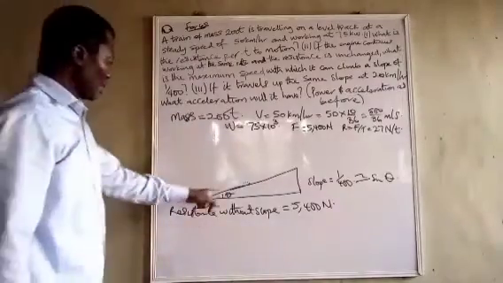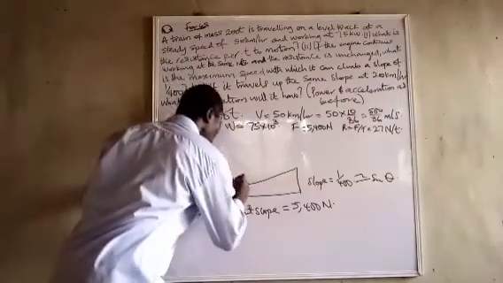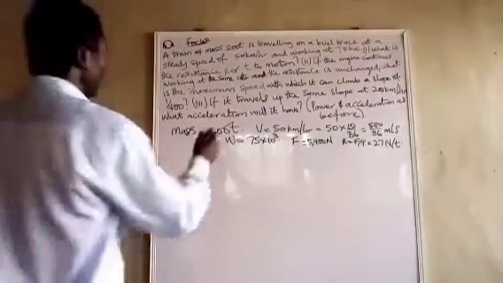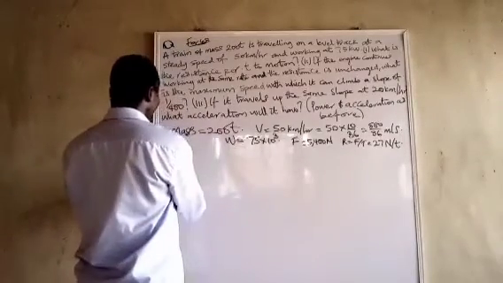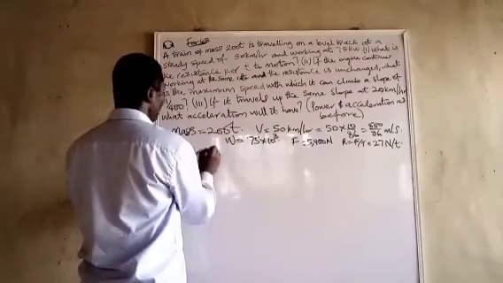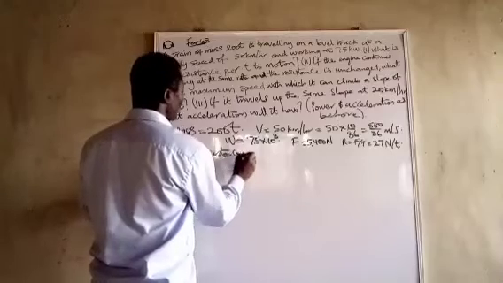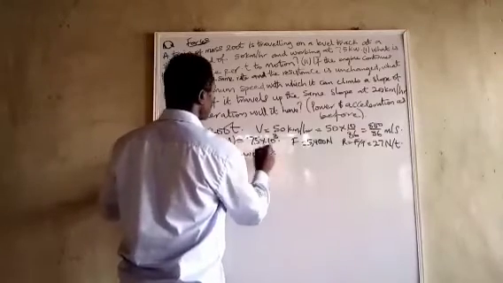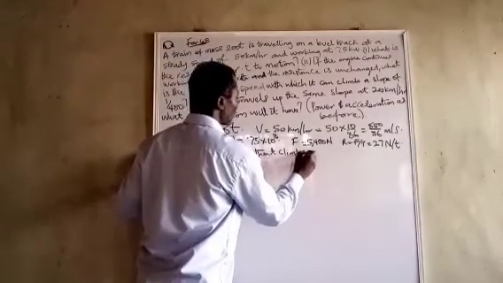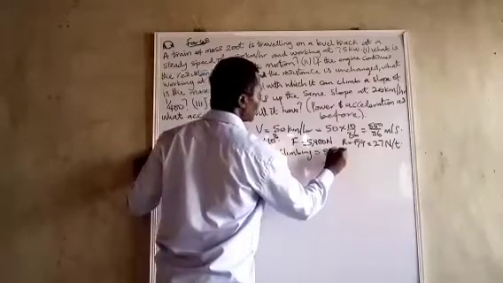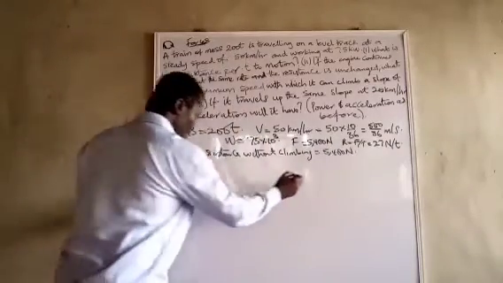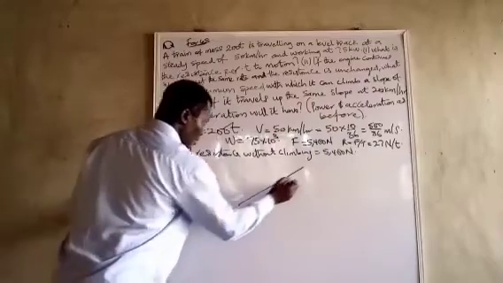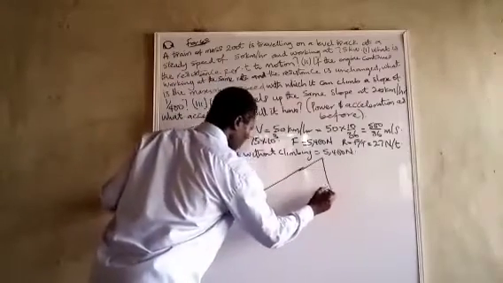Now, the slope will add to the force. We have known that the total resistance on level ground, without climbing, will be equal to 5,400 Newton. Now, the body is moving up like this.